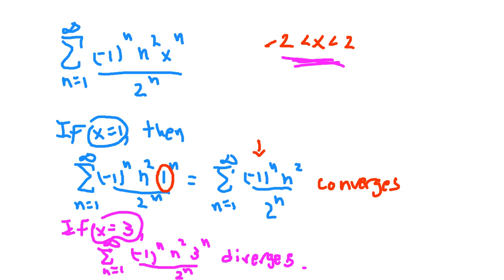Okay, but the question always is, well, Dr. Duty, we know we have a range of x values for which our power series converges, but could there be any other x values out there? I mean, the x values are like the whole real number line, right?